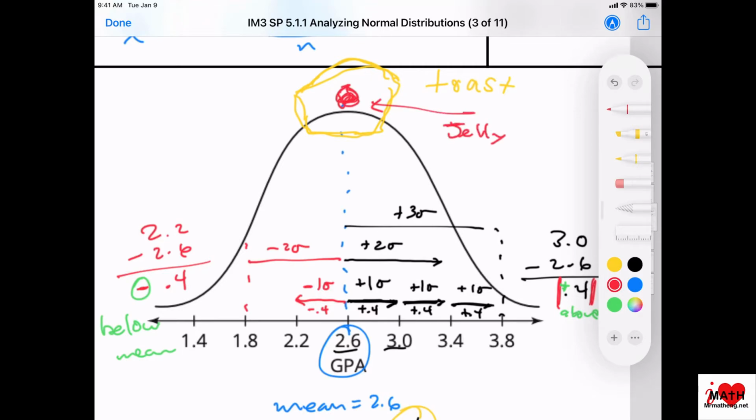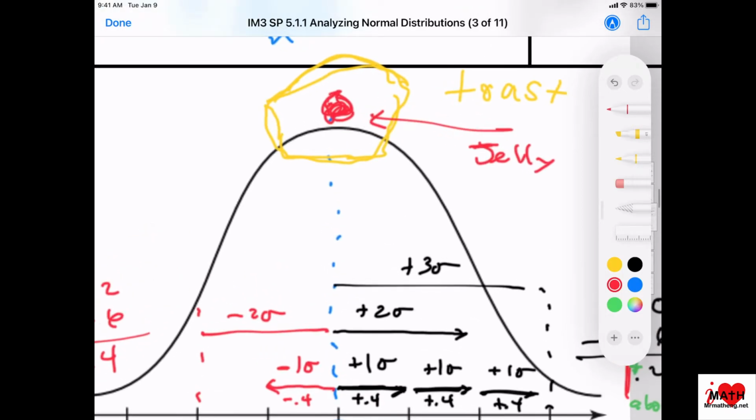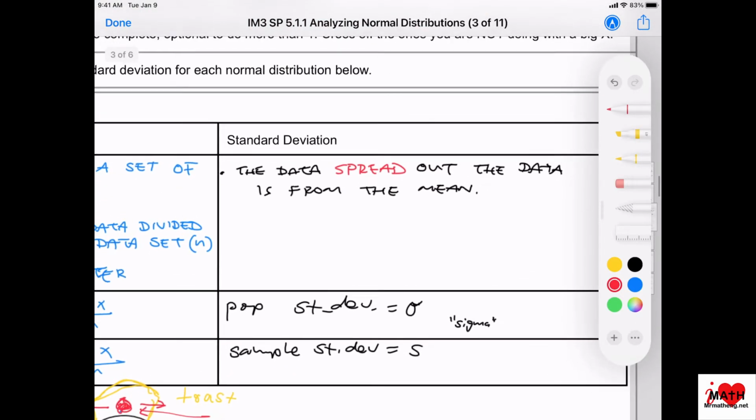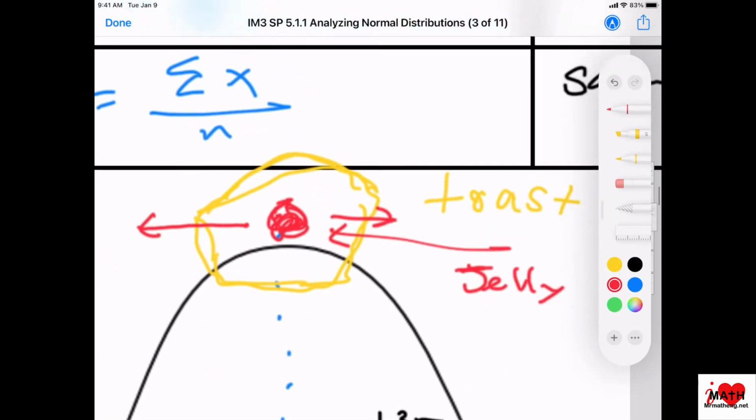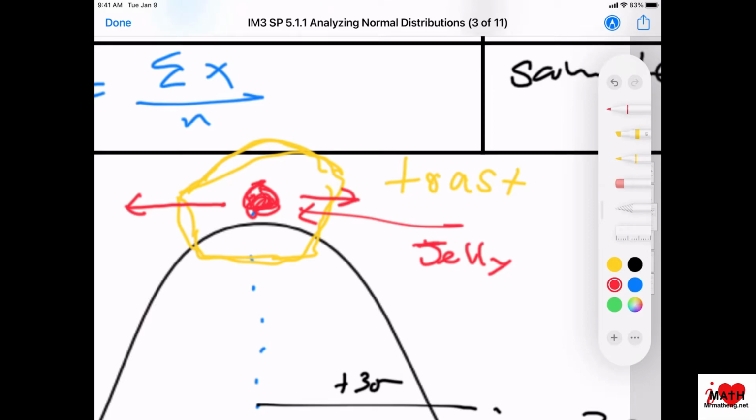I don't like it when I just pop the jelly there and it just stays there. What I want to do is take a knife and I want to spread it. I want to spread it all over, okay? So spreading the jelly is kind of this idea of standard deviation. It's spread out from the center or the mean where you started from. So think about my toast and jelly example.